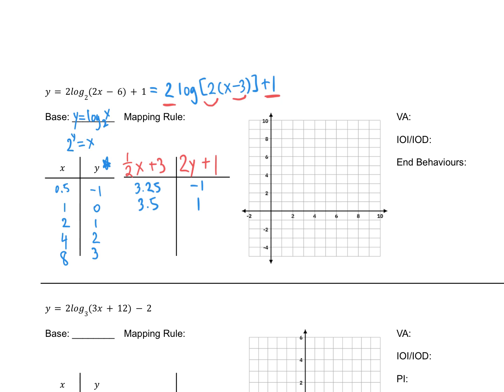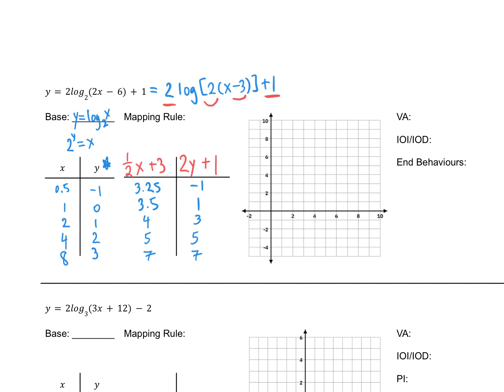Next x, a half times 2 is 1, plus 3 is 4. For the y, 2 times 1 is 2, plus 1 is 3. Next, 4 times a half is 2, plus 3 is 5. 2 times 2 is 4, plus 1 is 5. Last x, 8 times a half is 4, plus 3 is 7. And last y, 2 times 3 is 6, plus 1 is 7.